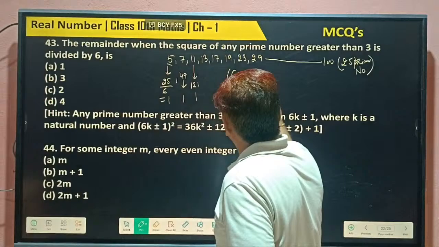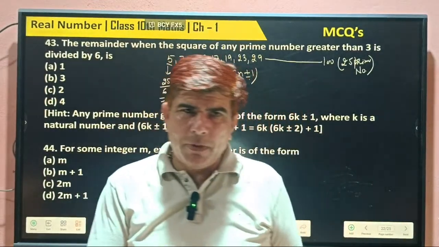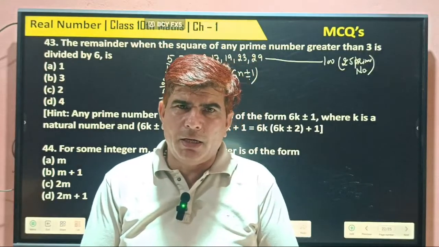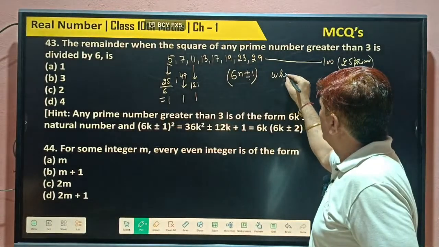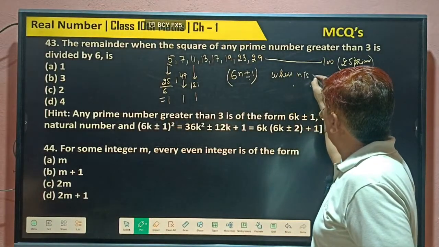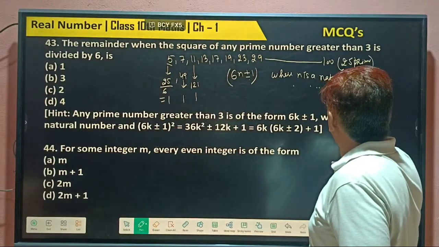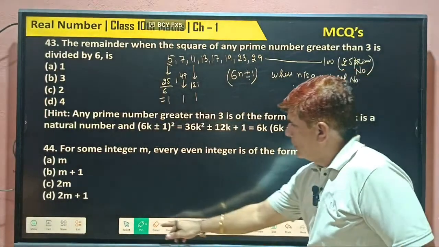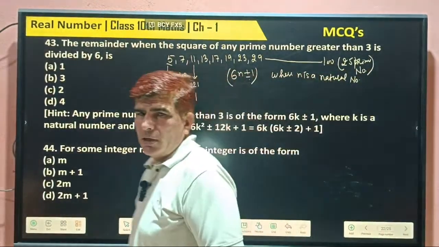So in this way, every prime number greater than 3 we can write in this form. Here n is a natural number. Did you understand this or not?